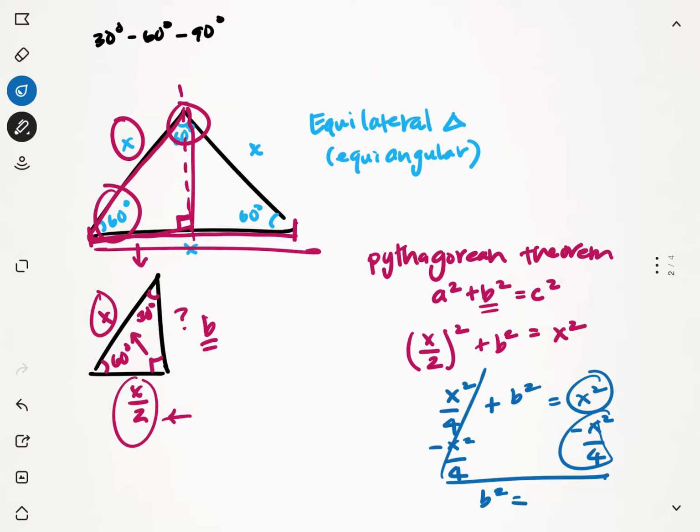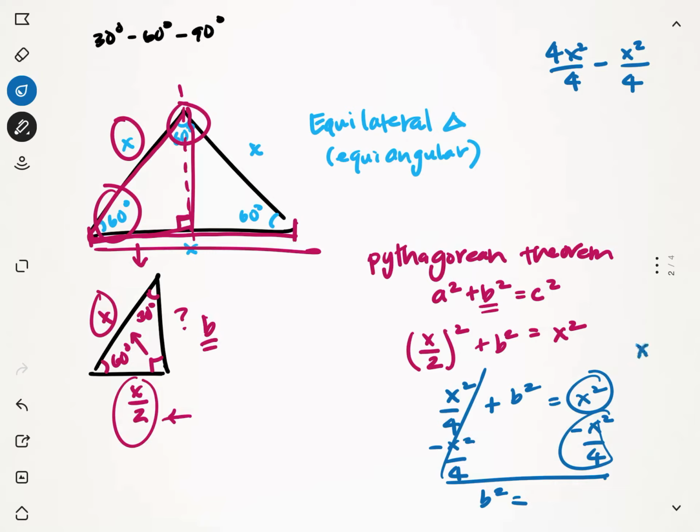x squared is the same thing as 4x squared over 4. So we're trying to make common denominators with the x squared over 4 so that we can actually subtract it.